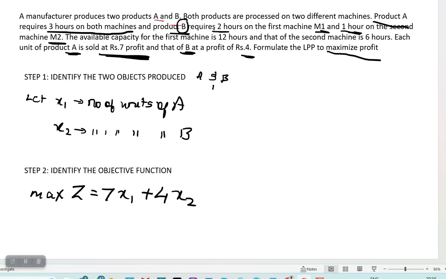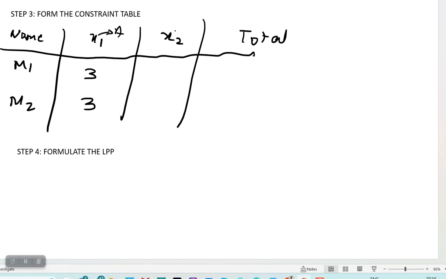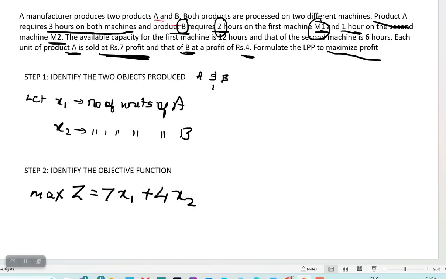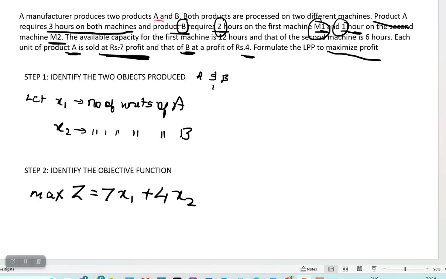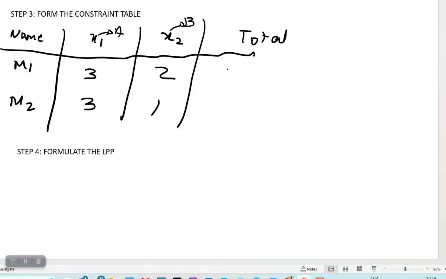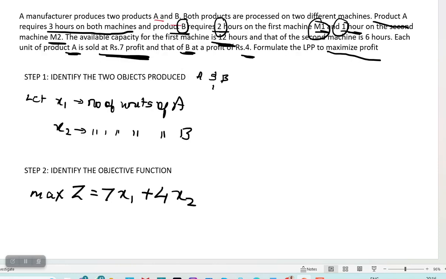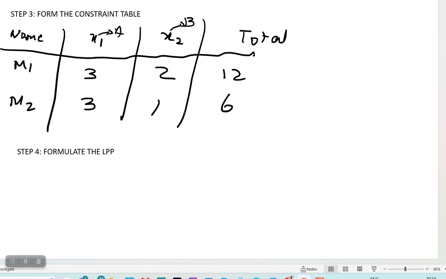X2 is for B. On machine M1 it is 2, and for machine M2 it requires 1 hour. So this is 1. Also it is said that the available capacity for the first machine is 12 hours. The total for the first machine, M1, is 12 and for the second machine it is 6.